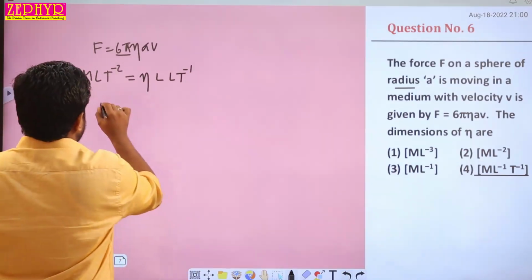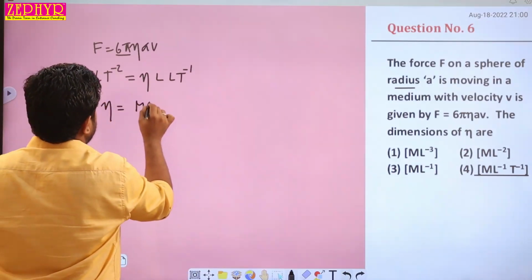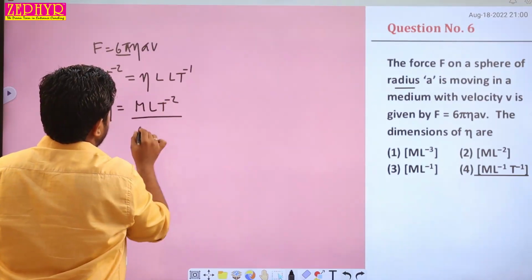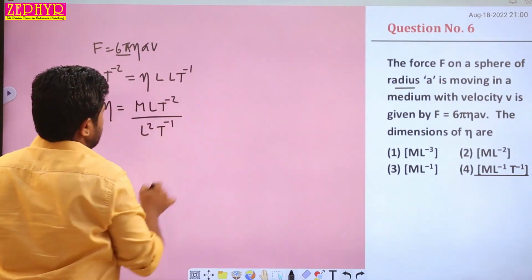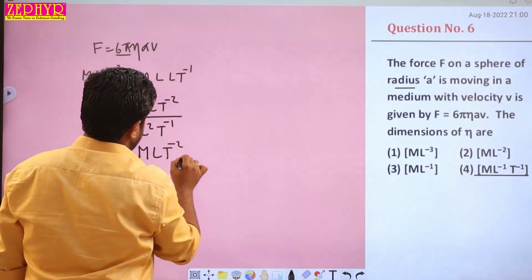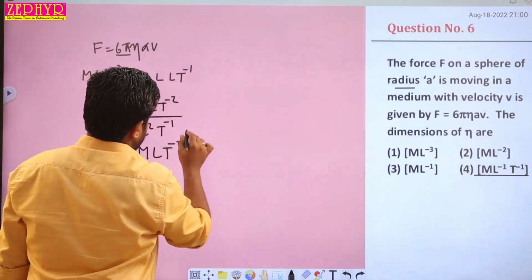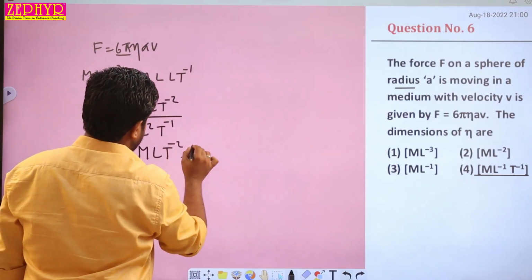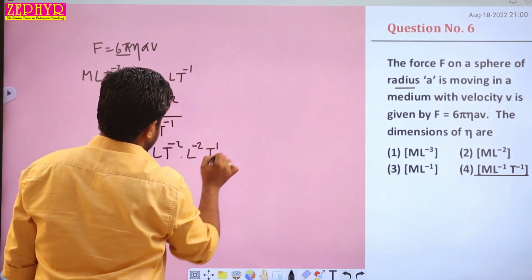So now eta is equal to m L t raised to minus 2 all divided by L square t raised to minus 1. So I rearrange this equation: m L t raised to minus 2 all into L raised to minus 2 t raised to 1.